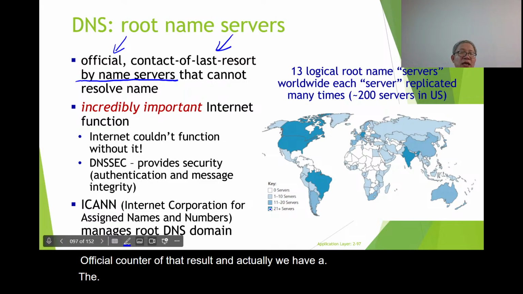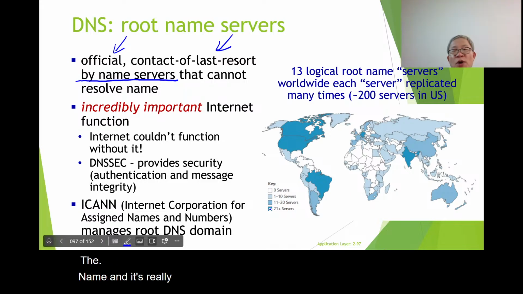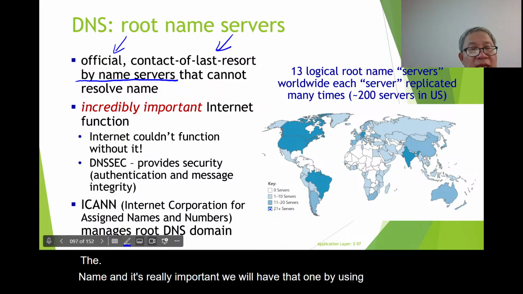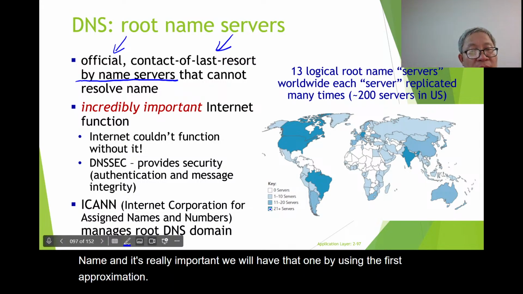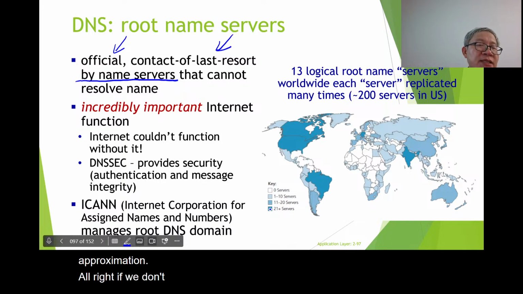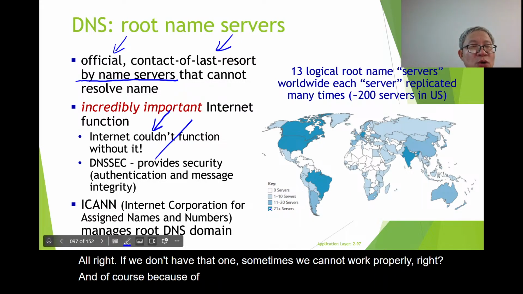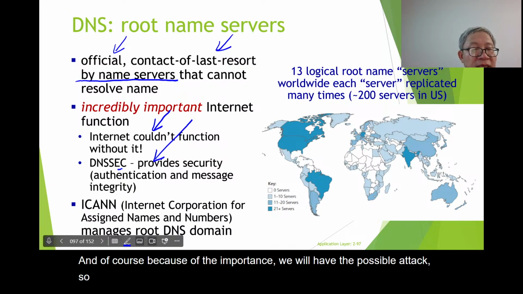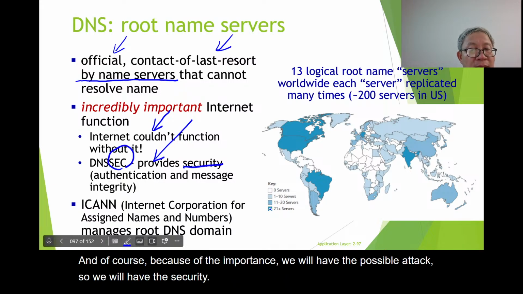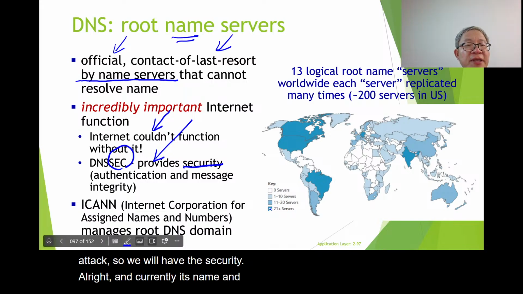It's really important, because we use it in the first approximation. If we don't have that one, sometimes we cannot work properly. And of course, because of the importance, there can be possible attacks, so we have security.